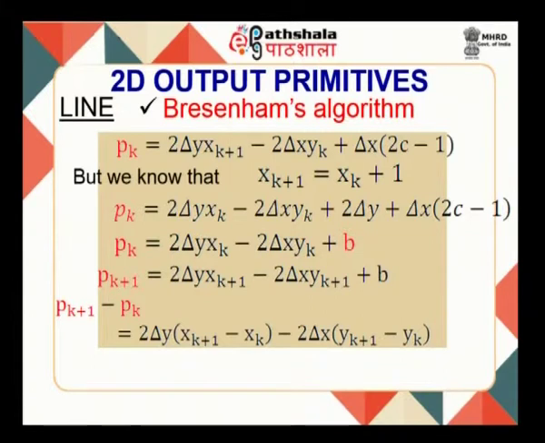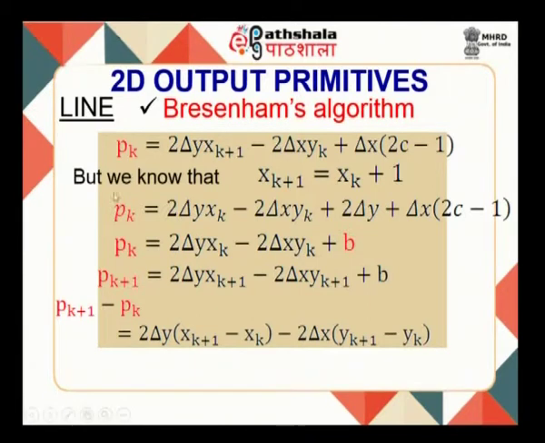Positive multiplying with some positive or negative is not going to affect the sign of the difference operation. So, delta x is not going to affect the sign of d lower minus d upper. So, we can safely ignore delta x, and that is why we call p k a decision parameter. It is just enough that you take the sign of the difference operation.